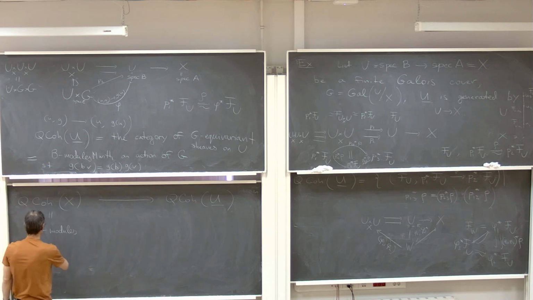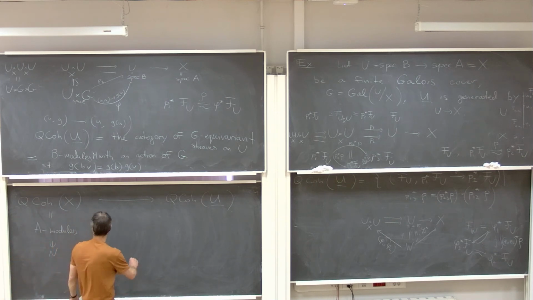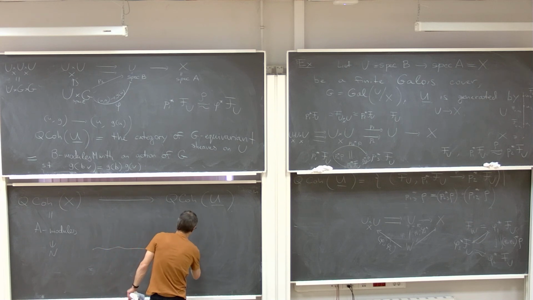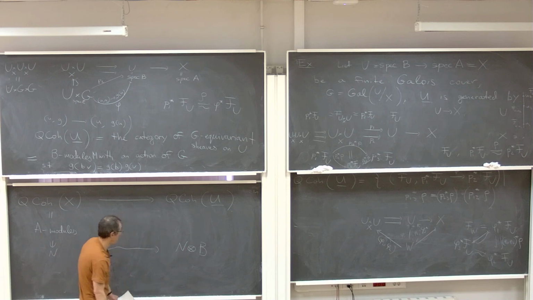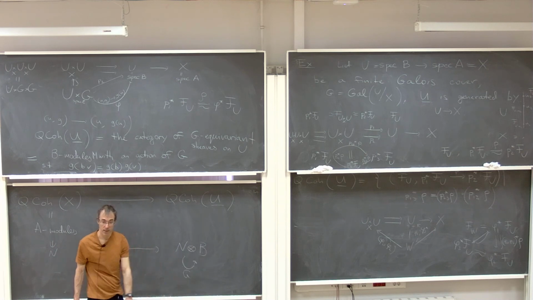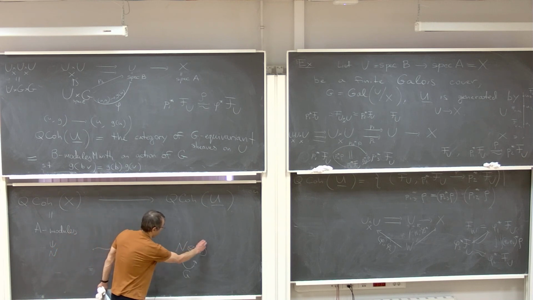It takes N here to N tensored with B. And so what is the action of G here? Well, G acts through its action on B, right? Because it acts here.